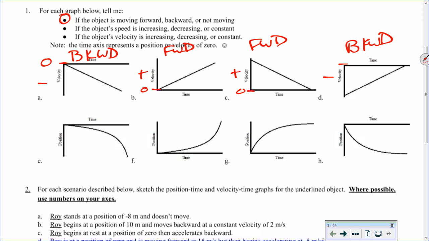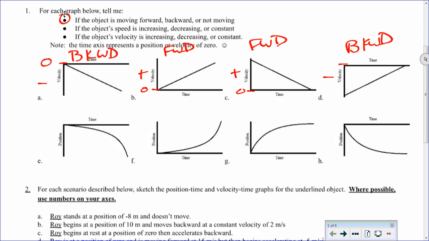All right. So the next 2 things we got to decide is whether the speed and velocity are increasing or decreasing. Let's do velocity first, just because they're velocity graphs. Okay, if you're looking at a velocity graph, what's the graph going to look like if the velocity is increasing? Show me with your hands. That's increasing velocity, right? And what's decreasing? That, right?